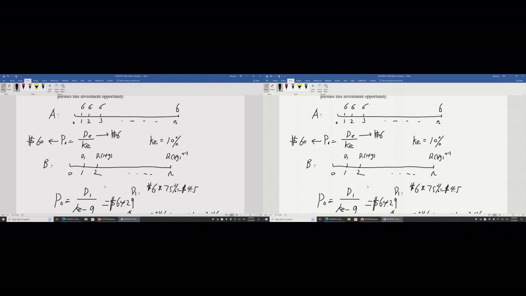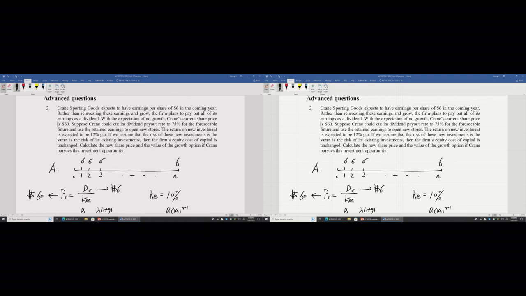All right, 64.29. And what we can tell from this example is that the dividend policy will influence the firm value. Dividend policy means that the company has discretion to decide how much of the earnings you're going to pay out as dividends. So the dividend policy is related to this number, how much you're going to pay out. Okay, so you can pay out 100%, you can pay out 50%, you can pay out 75%.